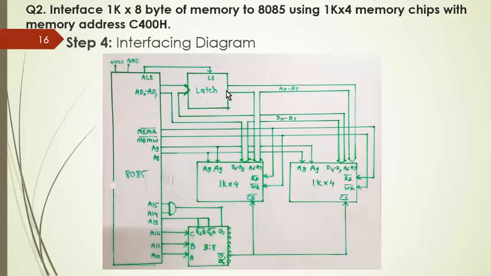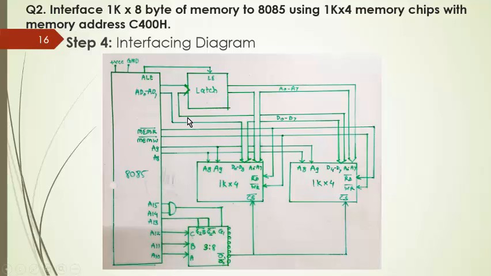Final step. Here you have to draw the complete interfacing diagram. So this is your 8085 microprocessor. First you have to draw the demultiplexing logic. So the 74373 latch IC, latch enable signal you have to connect to the ALE pin.